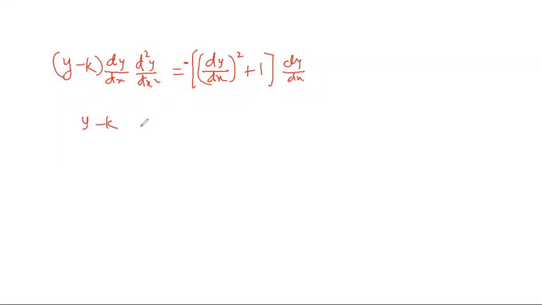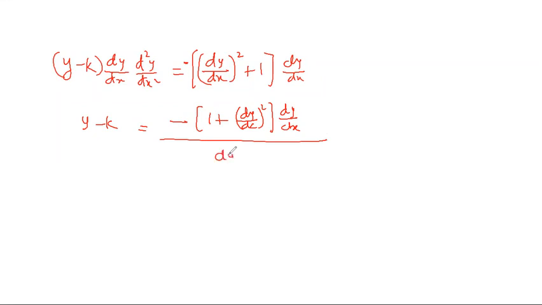So I can write y minus k is minus 1 plus dy by dx the whole square into dy by dx upon dy by dx. Such a dy by dx also will get cancelled. That will be very easy to do. This is equation number 3.